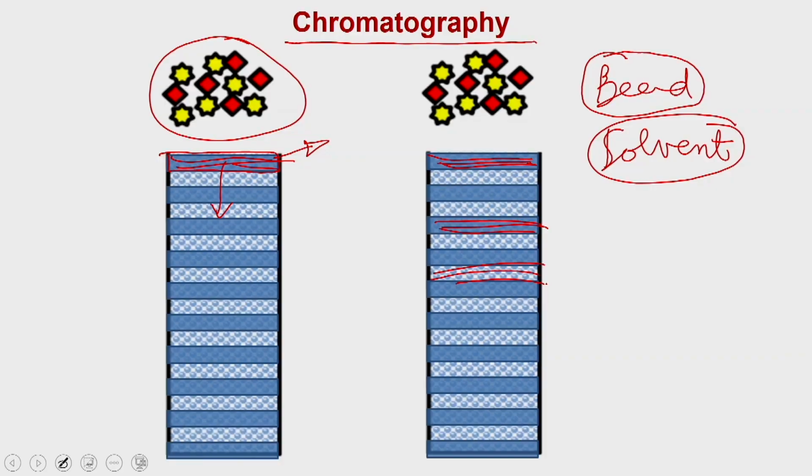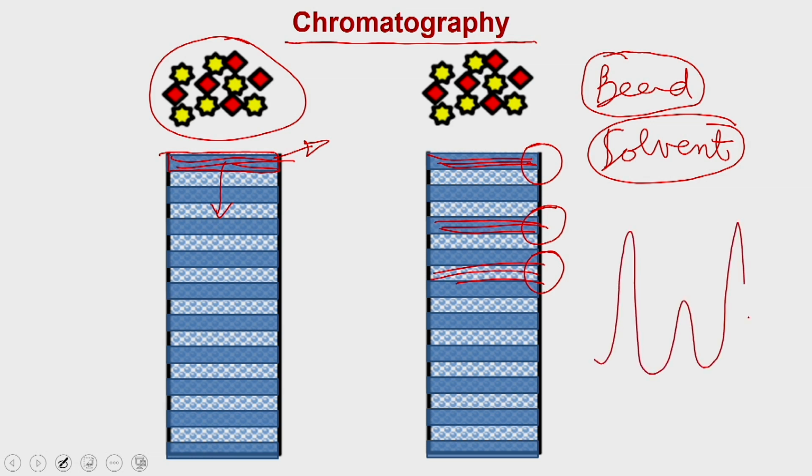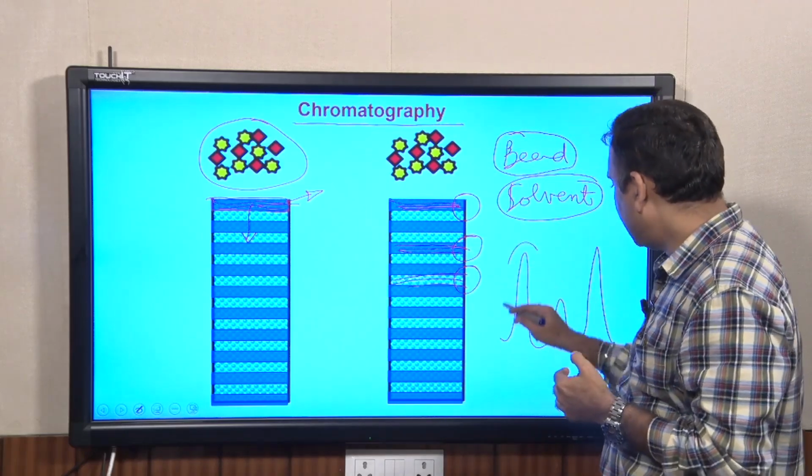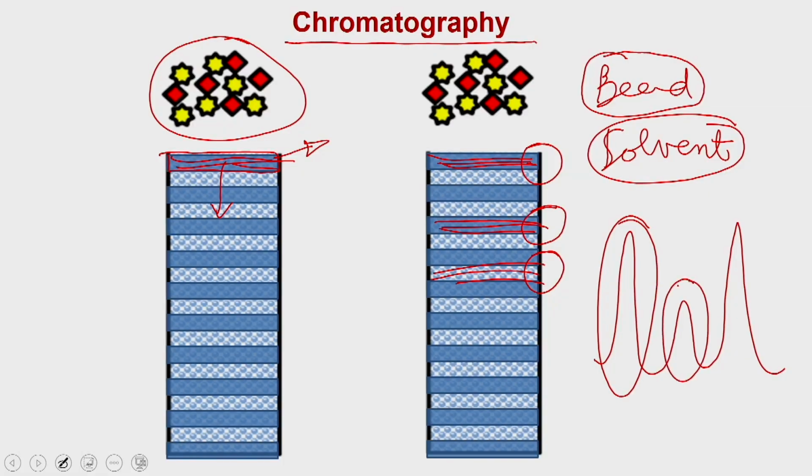And when you change the conditions, this molecule is going to be eluted first, this molecule second, and this molecule separately, and that is how you are going to have the 3 individual peaks corresponding to these molecules, which were immobilized onto the beads at different positions. That is how you are going to achieve the purification of X, Y and Z, and that is what we discussed in detail when we were taking up how the distribution phenomenon works within chromatography.